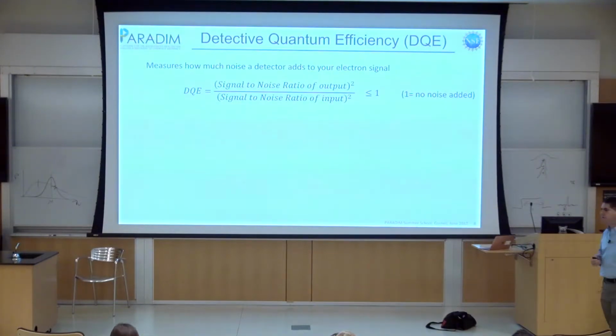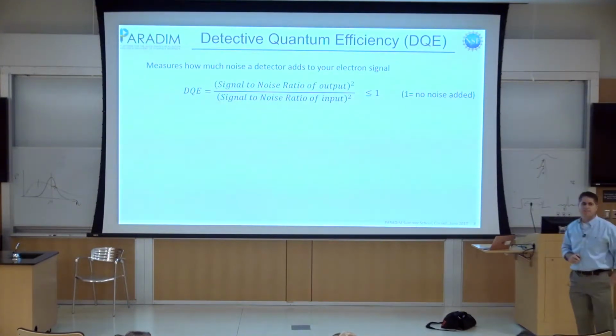And that can happen if you've got too much smoothing. So the DQE, which is the output signal-to-noise ratio to the input signal-to-noise ratio, and we do it squared because it's a power measurement rather than an amplitude measurement, has to be less than 1. And 1 means it's an ideal detector and did not add noise. Anything less than 1 means you added noise.